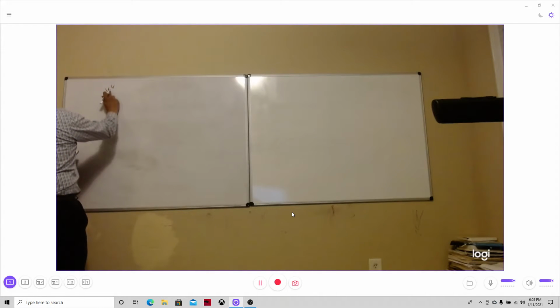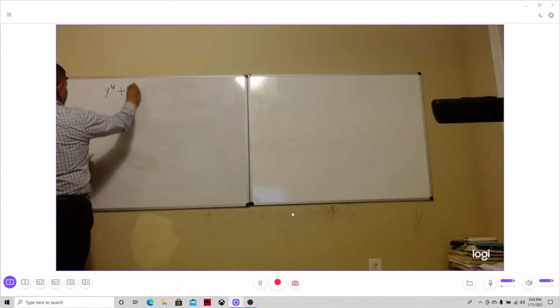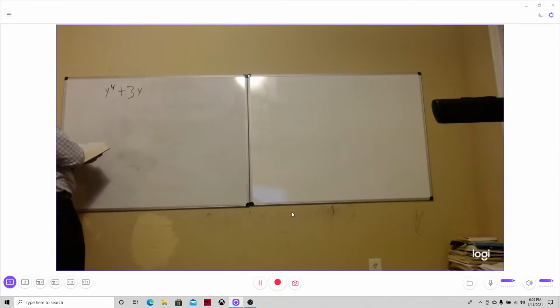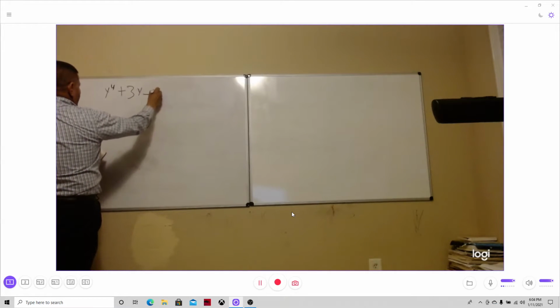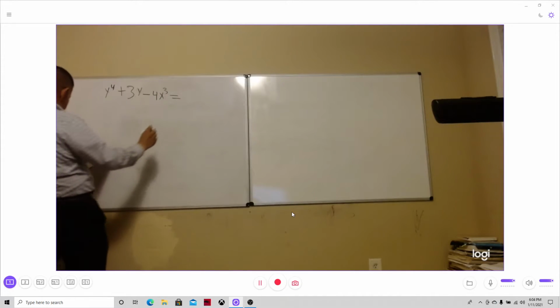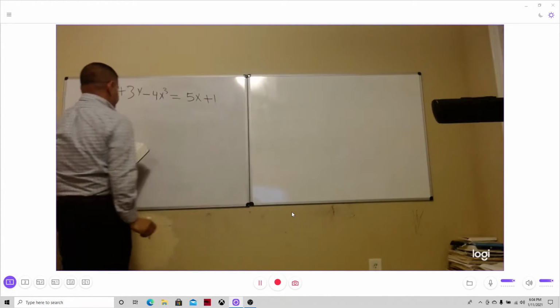They say, for example, if we have y to the fourth, right? We have a y to the fourth, and then we have y to the fourth plus 3y, right? And then minus 4x cubed equal to 5x plus 1.